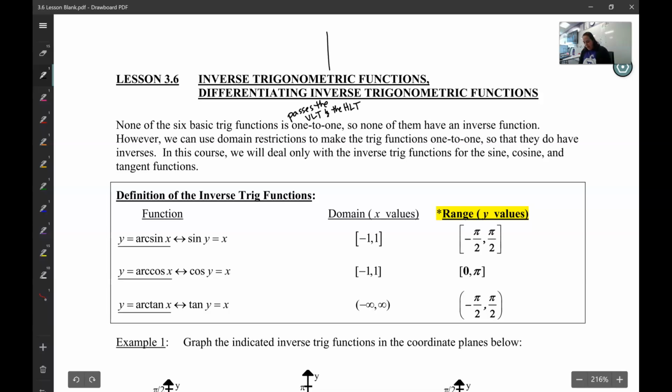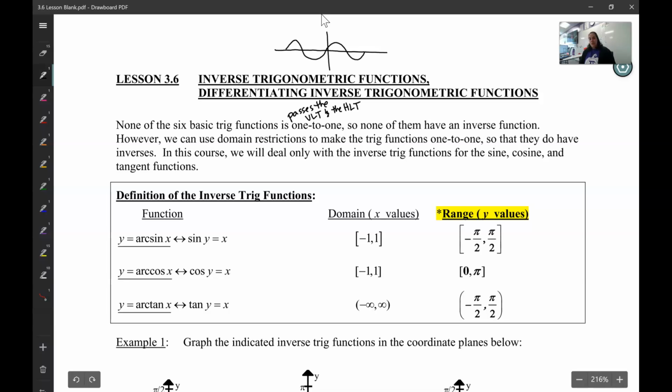So if we think of the sine of x function, which looks like that, it passes the vertical line test, meaning I can draw vertical lines whenever I want and it only crosses the graph once. However, it does not pass the horizontal line test. Any horizontal line I draw is going to cross the graph more than once.